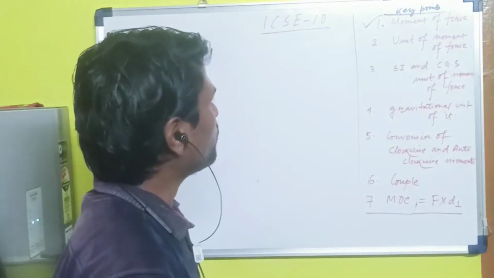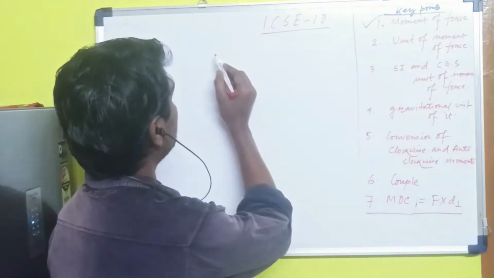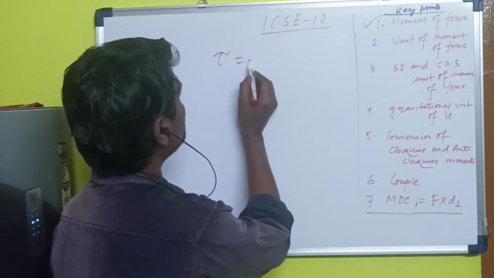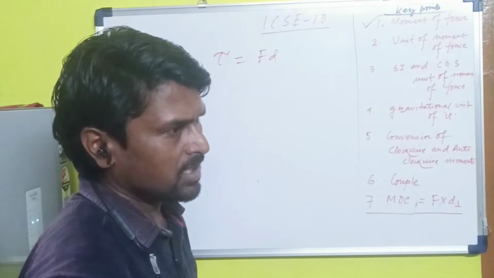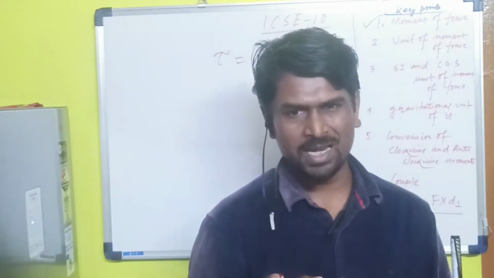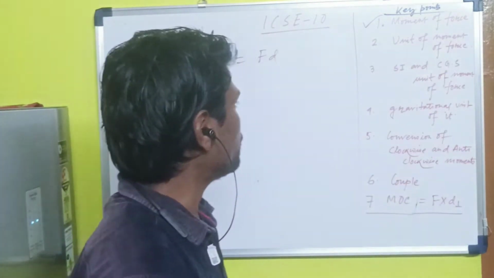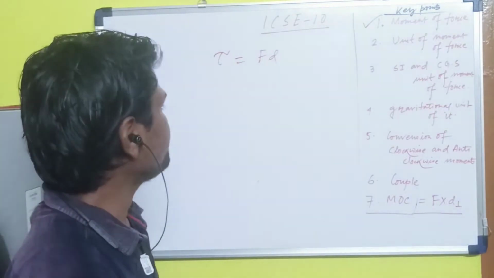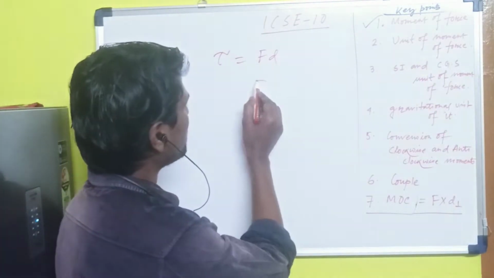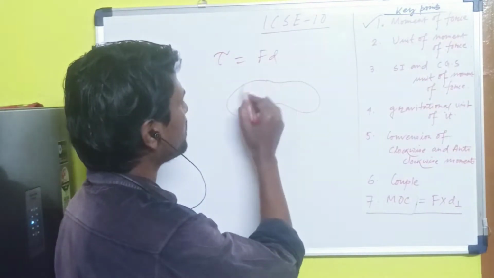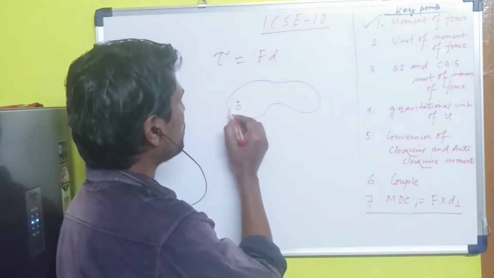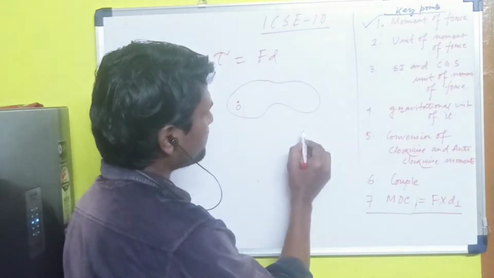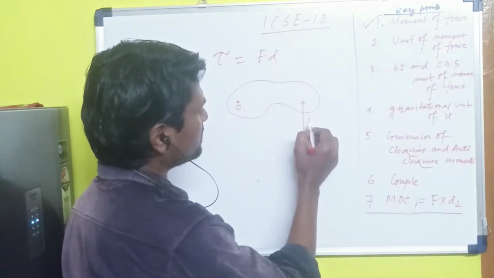For the unit of moment of force, remember the concept: tau equals force into the perpendicular distance, taken from the line of action of the force. Suppose this is a body pivoted at point O, and I apply a force along this direction.